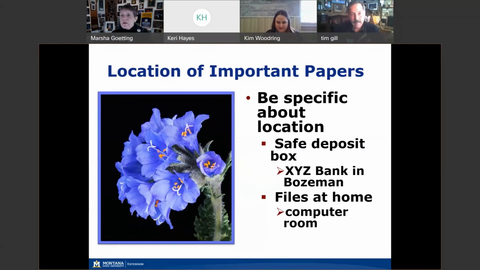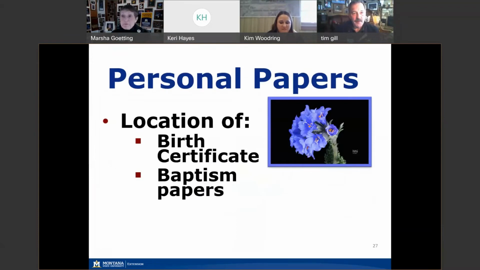So that's really handy. In my family, it was in a shoebox at the top of the closet, and we knew that's where the important papers were, but there were other places they were located. So after mom and dad were both gone, it was a challenge to find those things. Oh gosh, I bet.